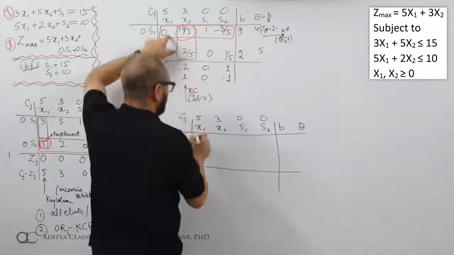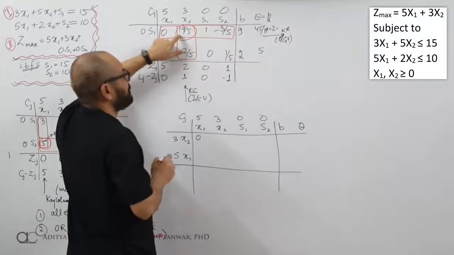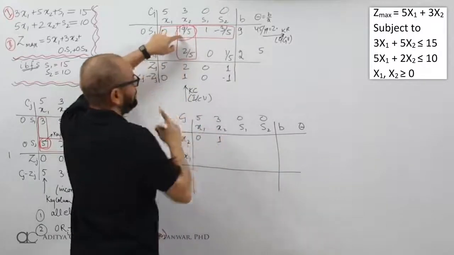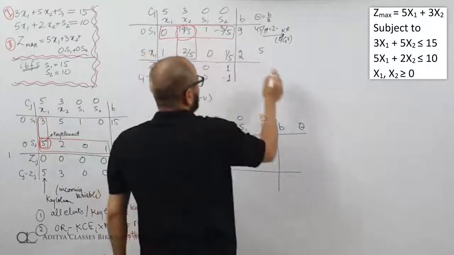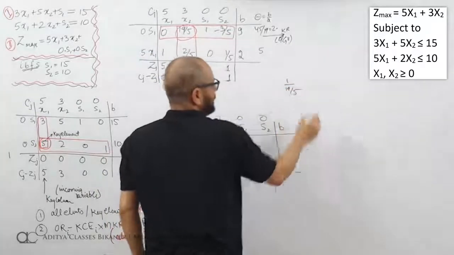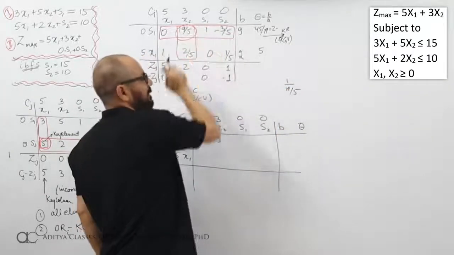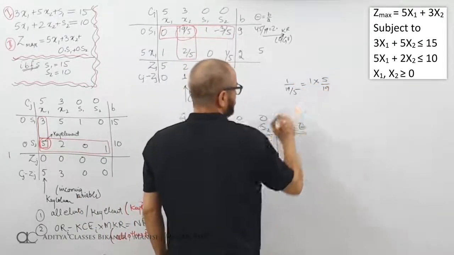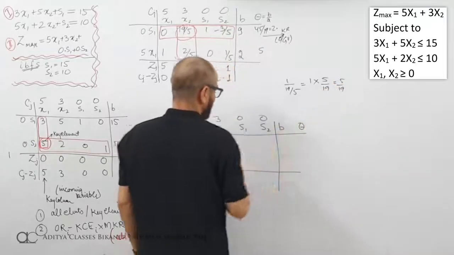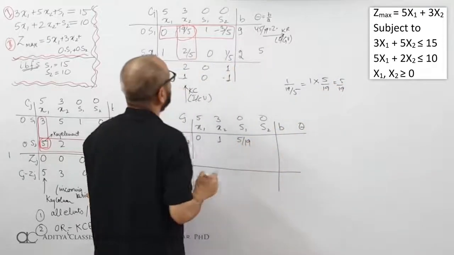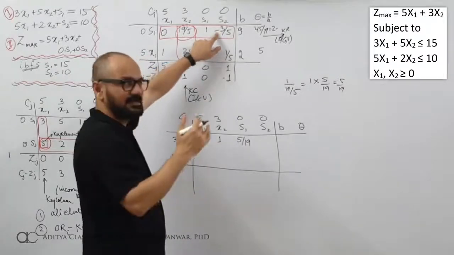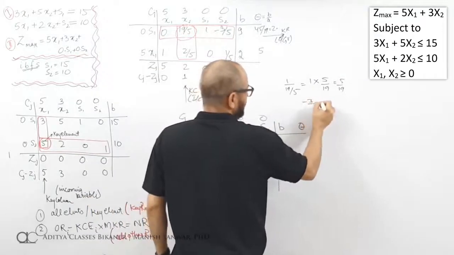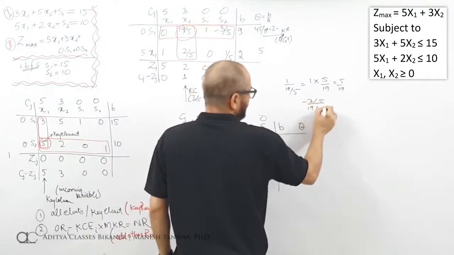0 divided by anything would give you a 0. 19 by 5 divided by 19 by 5, the same thing, would give me a 1. 1 divided by 19 by 5 gets flipped, making it 5 by 19. Then this one would be minus 3 by 5 divided by 19 by 5.